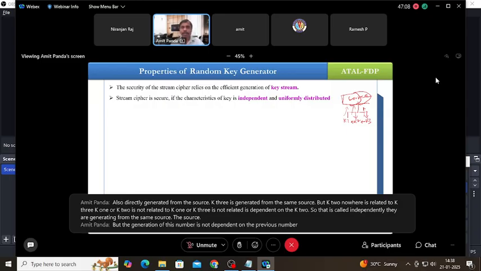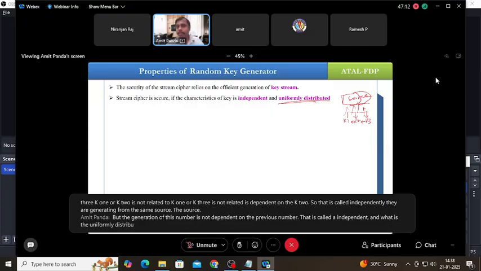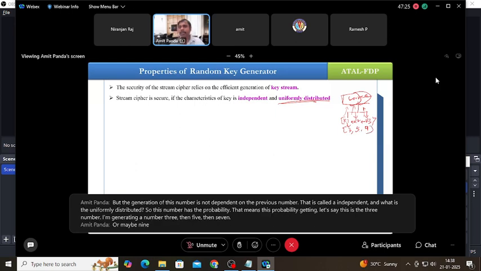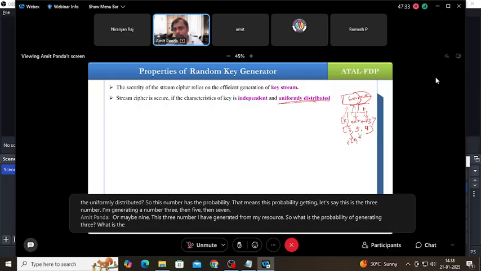That is called independent. And what is uniformly distributed? Let's say I am generating the numbers 3, then 5, then 7, or maybe 9. These numbers I have generated from my source. What is the probability of generating 3? What is the probability of generating 5?